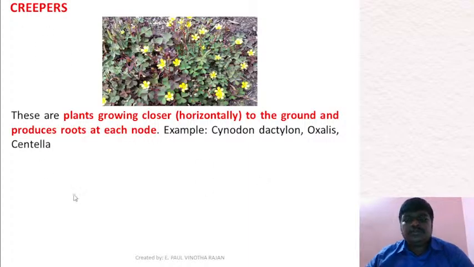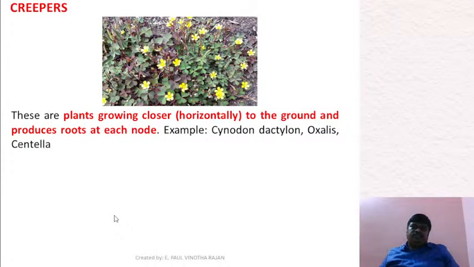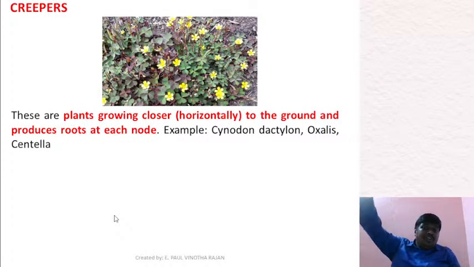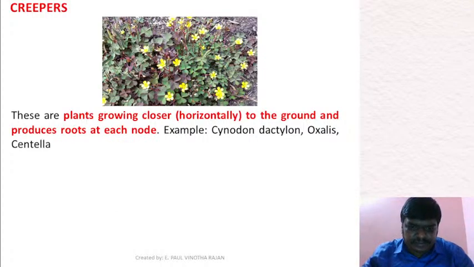Creepers. These are all plants that grow horizontally on the ground. On the ground surface, they will grow horizontally, and wherever the nodes are there, when it is closer to the ground, at each node, it produces the roots.